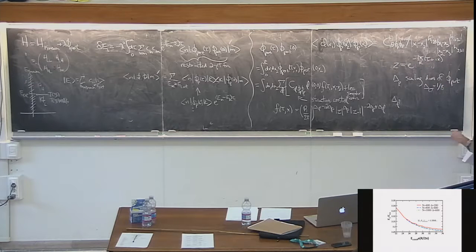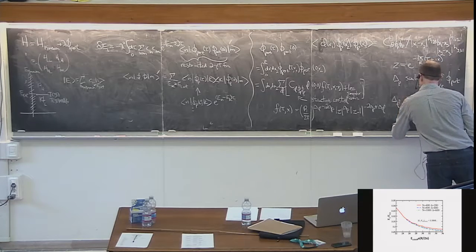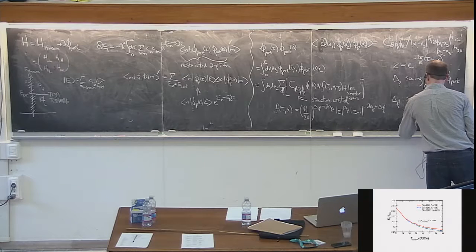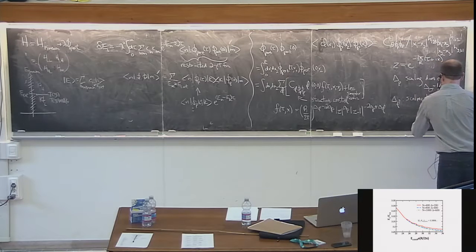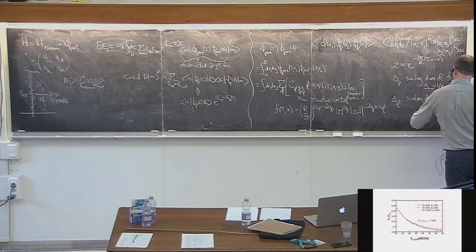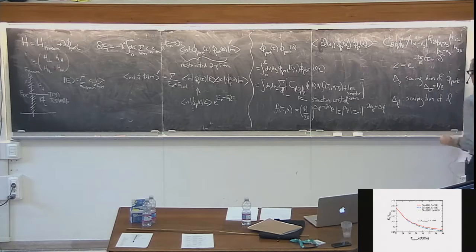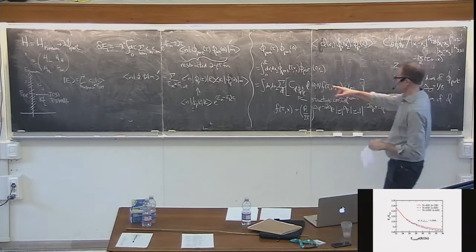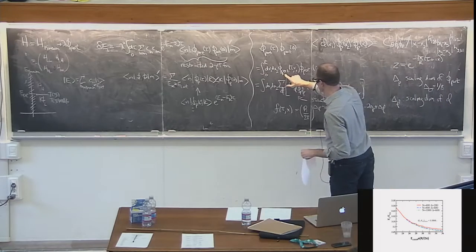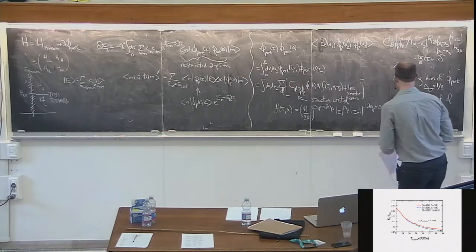Delta phi is the scaling dimension of the fields that appear in the OPE of the perturbing fields.